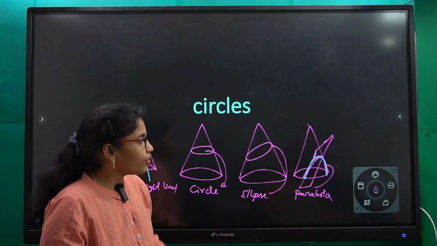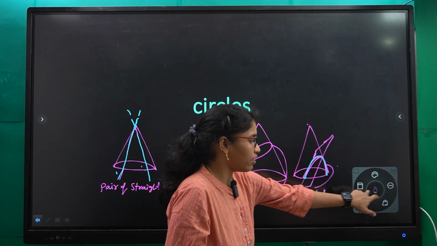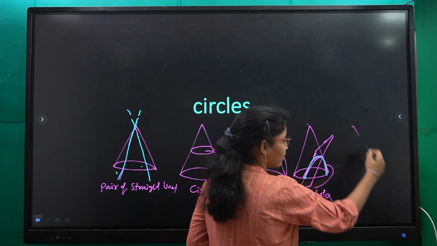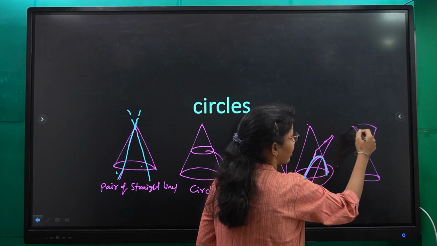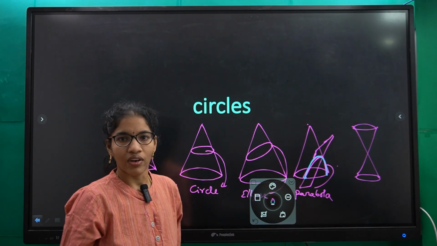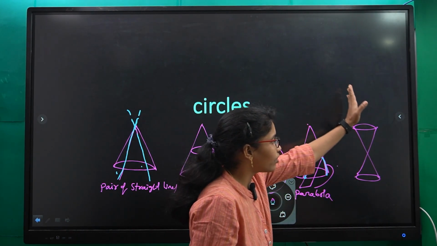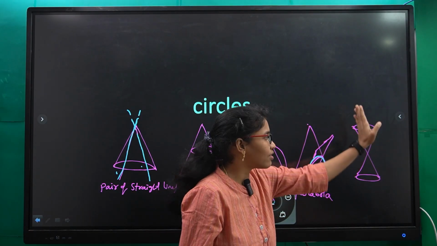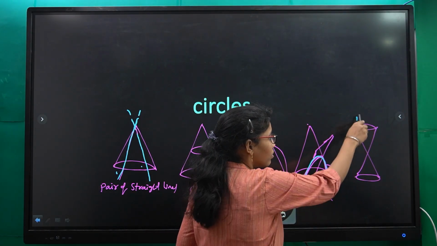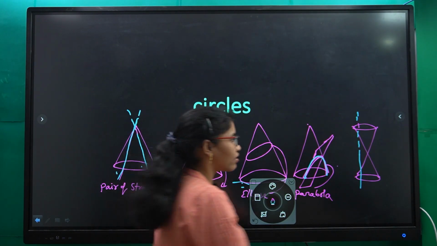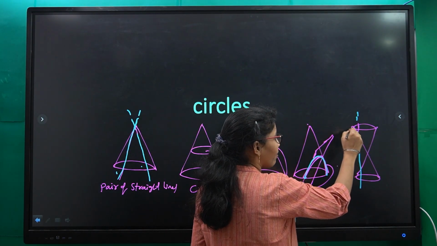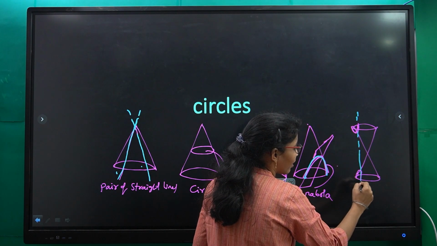If you take two cones one upon another like this, here is one cone and here is another cone. If you cut the cones not through the apex but some other way like this, what does it form? Here it is like one parabola, and here another parabola.